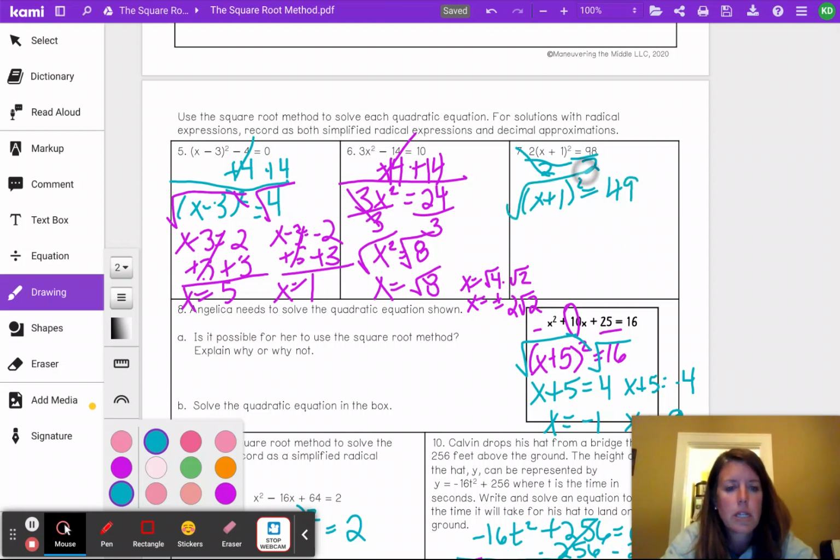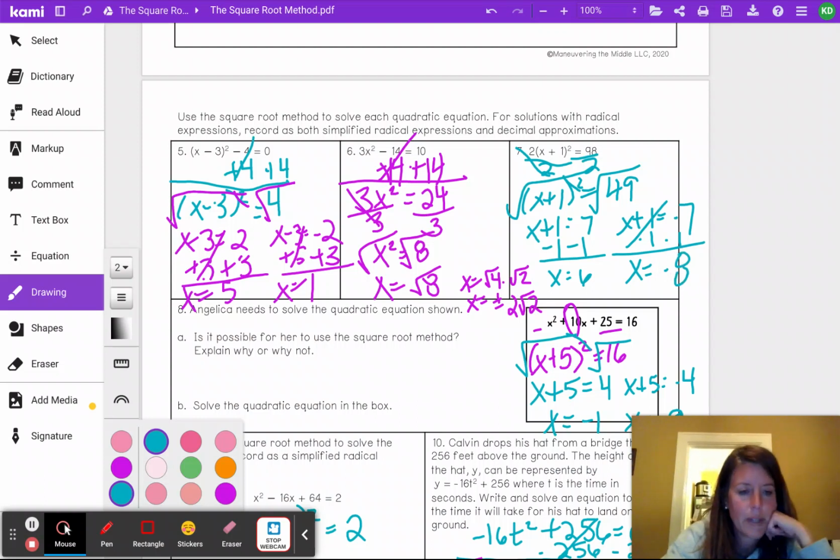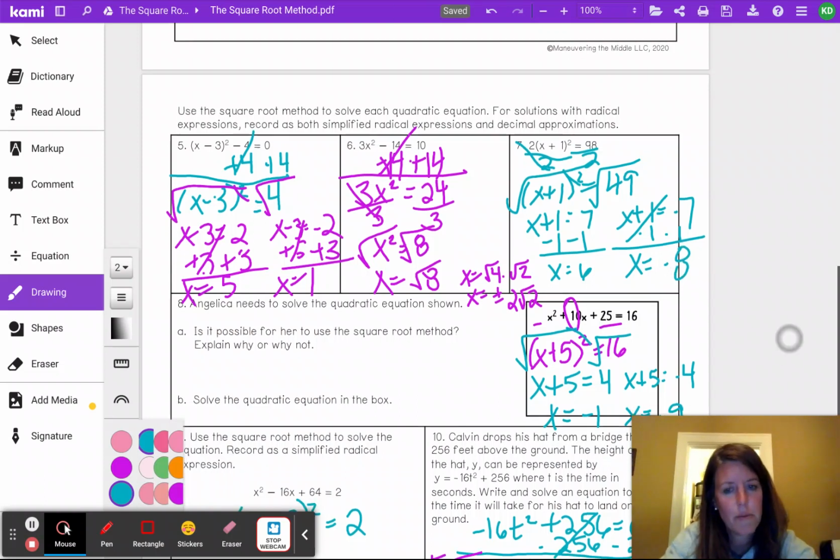And now we're going to take the square root. So x plus 1 equals 7, and then x plus 1 equals negative 7 because square root of 49 is 7. And then just subtract 1 from both sides. So x equals 6, and x equals negative 8. There we go. Hopefully you guys got that one right.